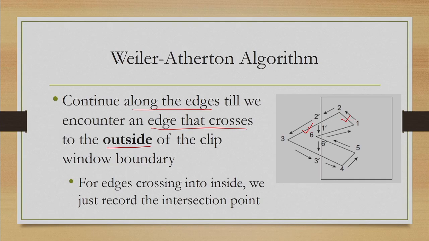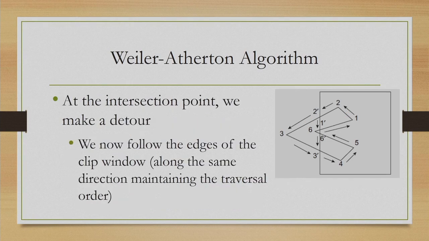If the edge is crossing into the inside of the window, then we just record the intersection point. Whereas, if the edge is crossing to the outside of the boundary, then we stop and perform a different action. What do we do in that case? At the intersection point we make a detour. Here the intersection point is 2 dash, this point. We no longer continue along this direction.